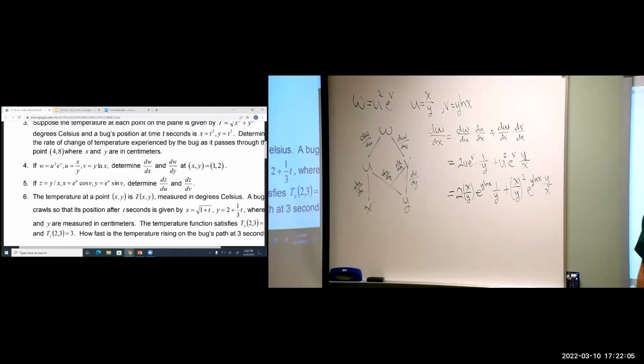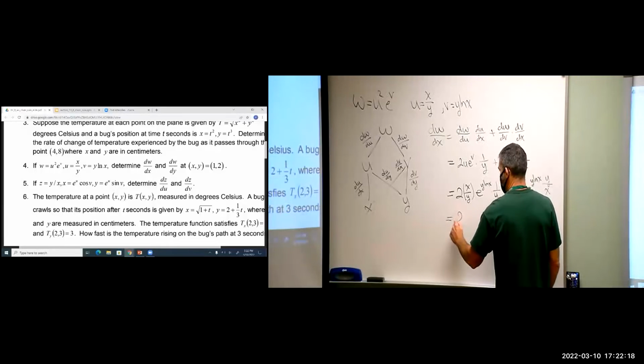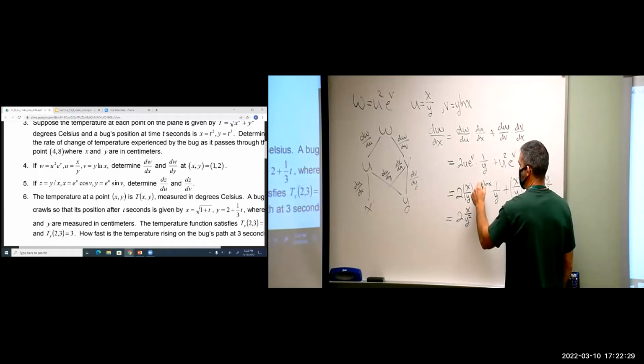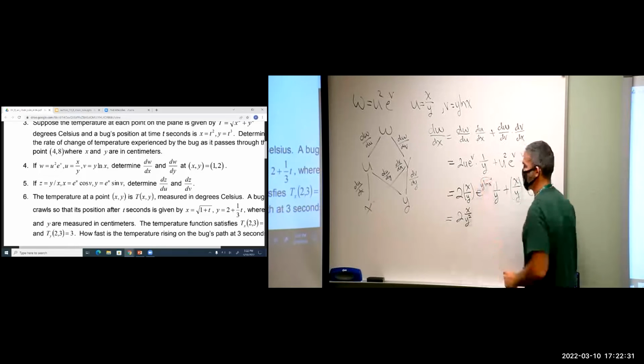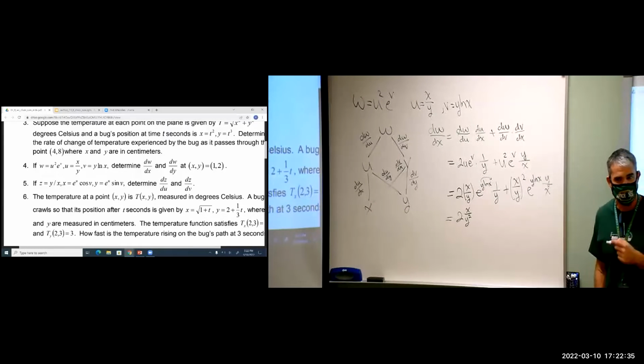Now, this particular problem asks us to evaluate it at the point 1, 2. So let's see if we can simplify it a little bit and then plug that in just to see what we get. So this is 2. There's not much we can do here, but we can multiply those y's together. So x over y squared, e to the ln of x. We can bring that y up to the exponent. So e to the ln of x to the y is x to the y.